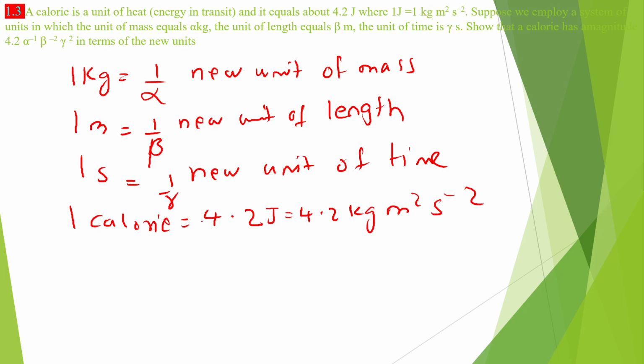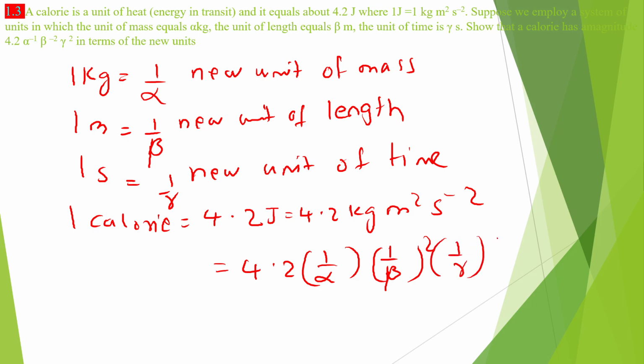So substitute these values. 1 kilogram is equal to 1 by alpha, so you will get 4.2 times 1 by alpha, and meter square you will write 1 by beta whole square, and second you will write 1 by gamma all raised to minus 2.